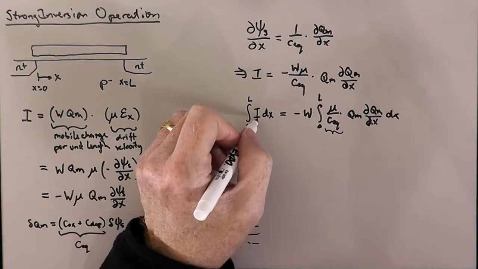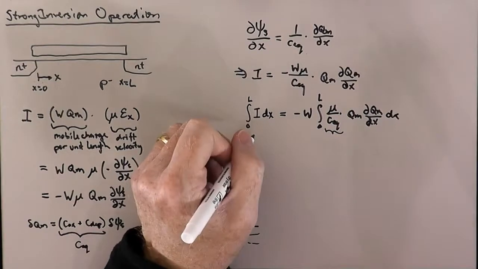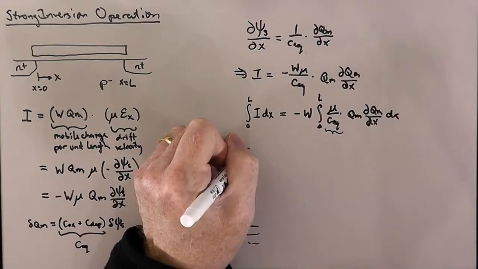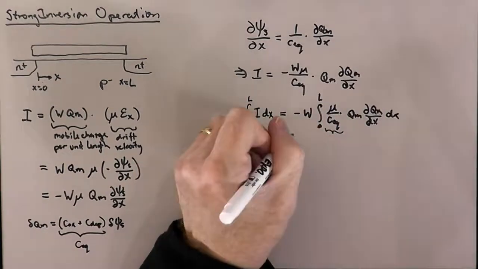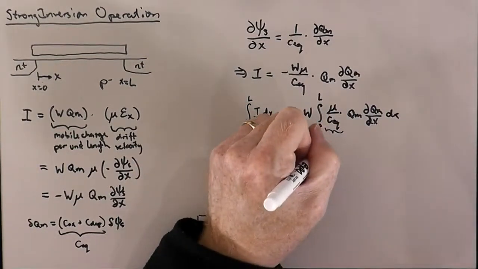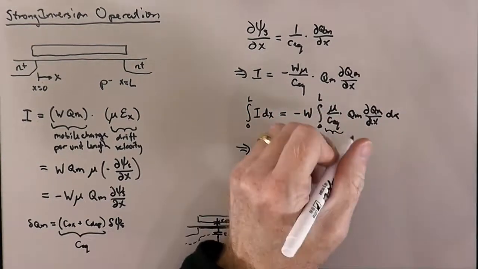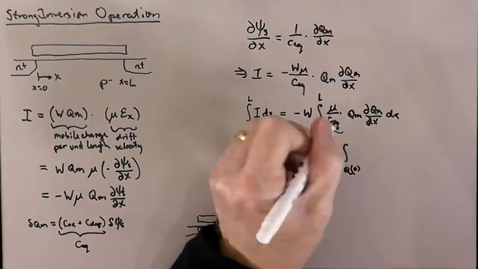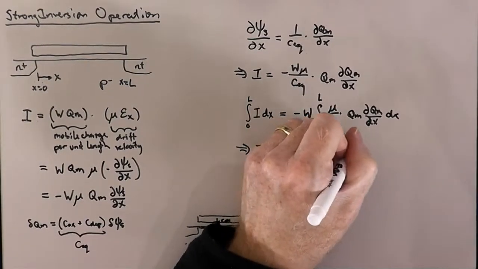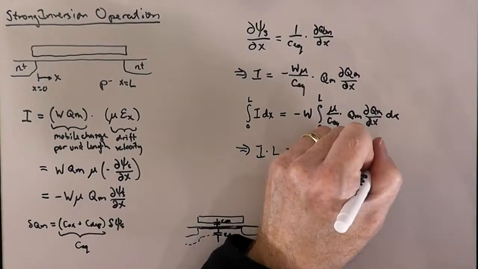The I is constant as a function of position, and so that pops out of the integral, and we just get I times x evaluated from x equals 0 to x equals L. So the left-hand side is just I times L, and the right-hand side is going to be minus W times mu over C equivalent times the integral from Qm at 0 to Qm at L of Qm dQm.